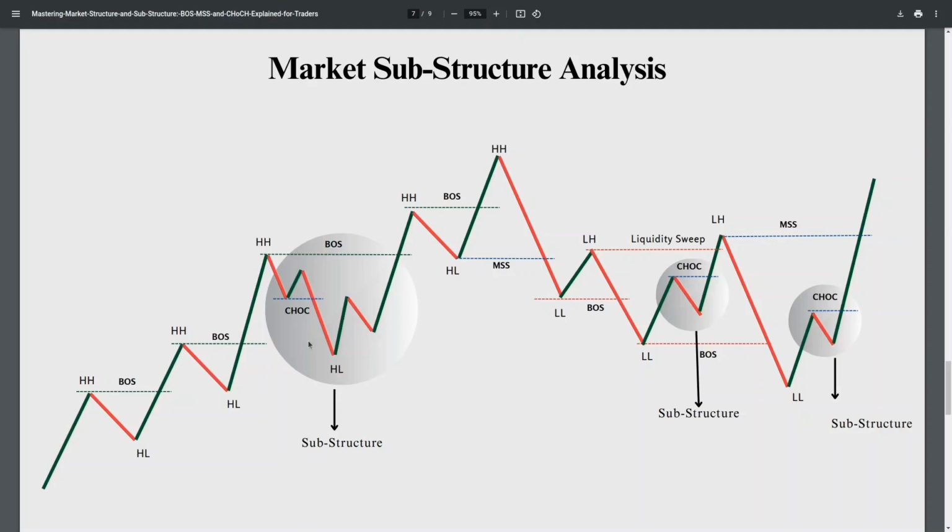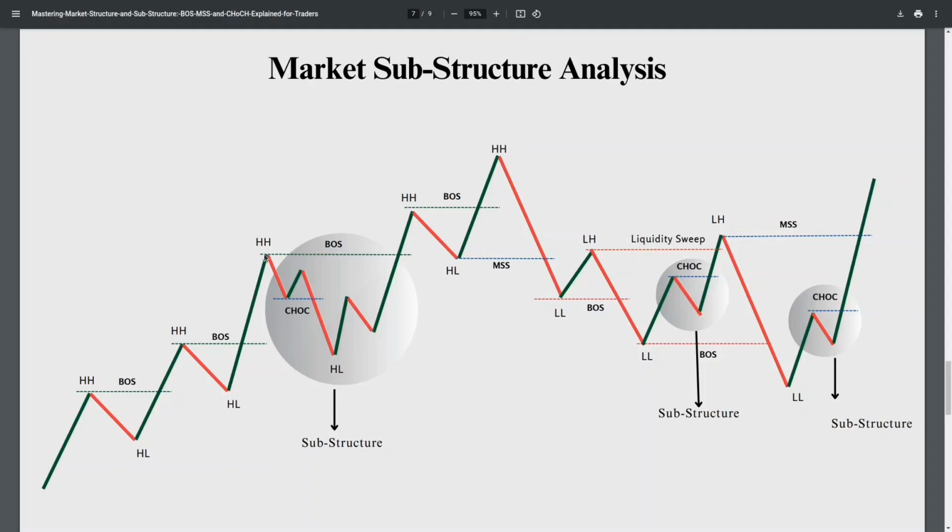Let's look at substructures. Simply, this is another diagram to illustrate a substructure. As you can see here, from this point, the price is making a higher high and a higher low, breaking structure here to this point, still breaking structure here, then moving to this point.